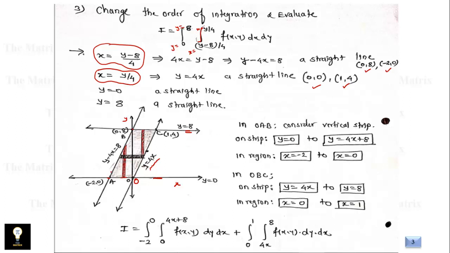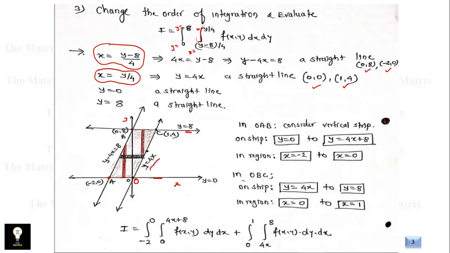This straight line equation is y minus 4x equal to 8, so y is 4x plus 8. These are the limits for y. In that triangular region AOB, the leftmost point of x is point A, where the value of x is minus 2, and the rightmost point is the y-axis itself, that's why x is equal to 0. These are the limits for region AOB.